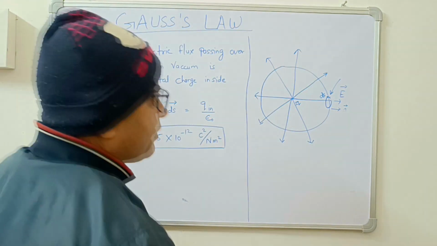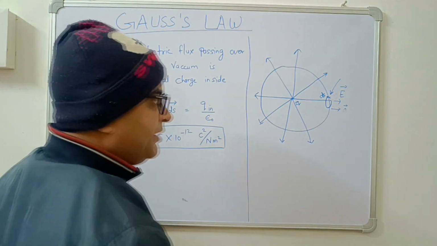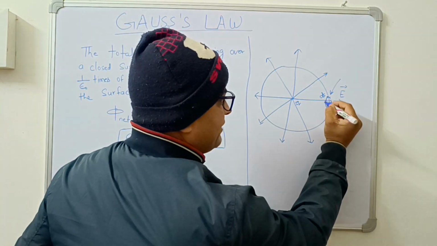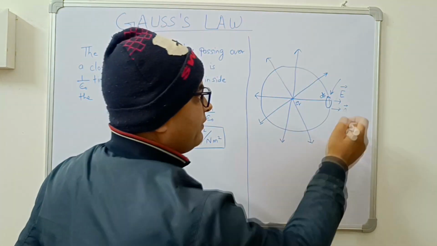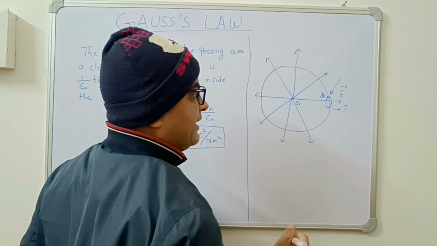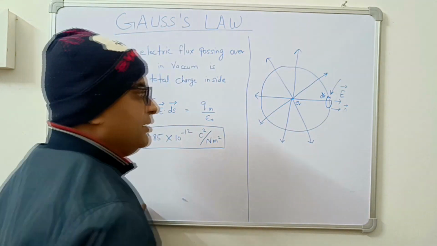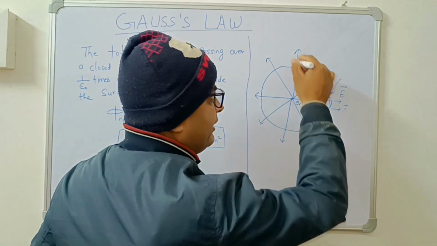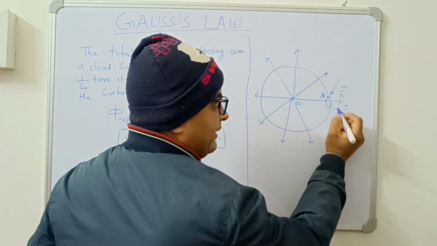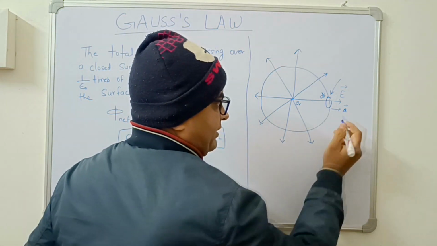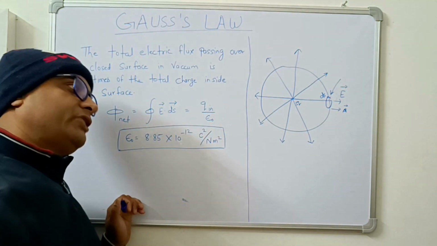For the sake of convenience, here you can see that we have assumed a small area element ds. This is a closed surface, and a positive charge plus q has been placed at the center. Due to this positive charge there is an electric field which is radially outward, as shown. As you know, the area vector is always perpendicular to the surface.